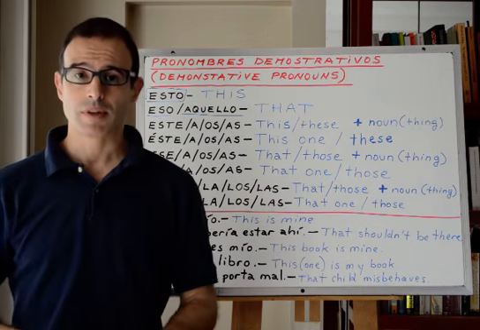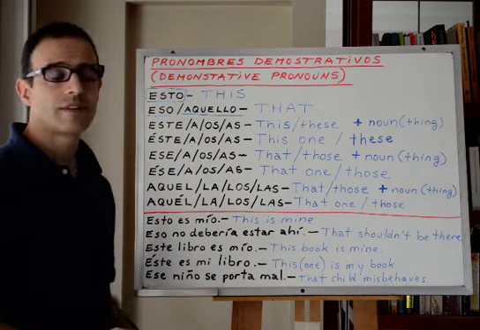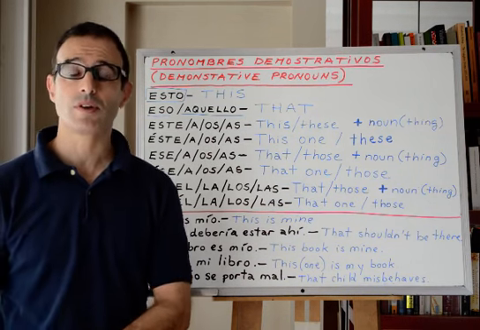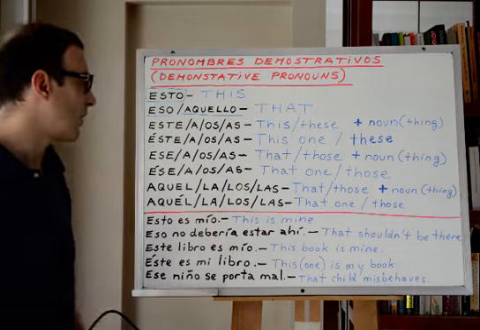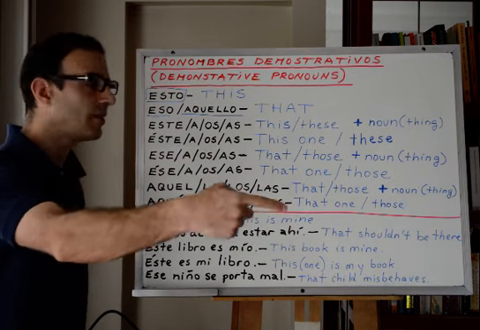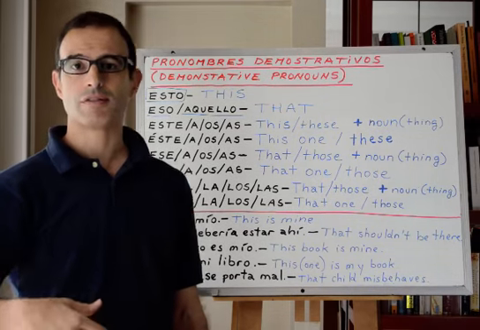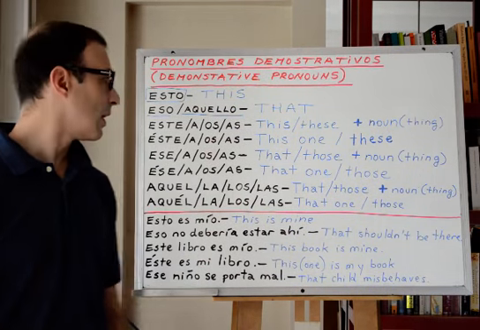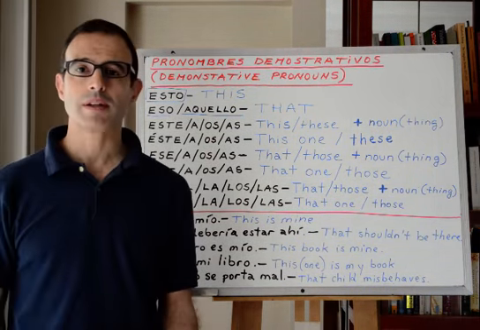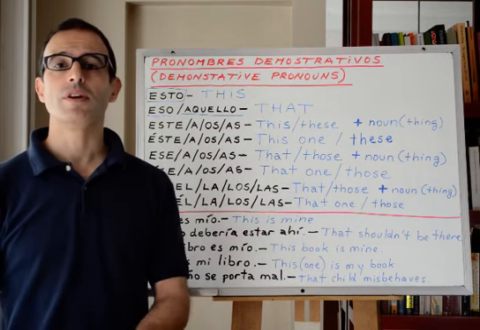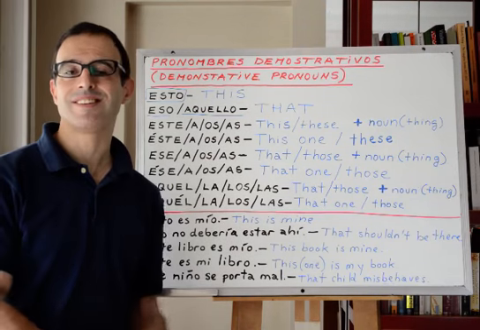They are synonyms. Some people say that they slightly differ, for example, eso means that, and aquello is that which is a bit farther away, okay? Practically, in real life use, they are used the same.